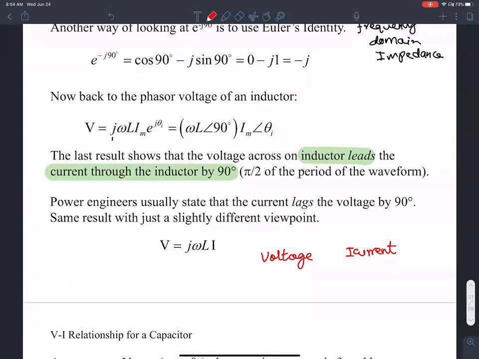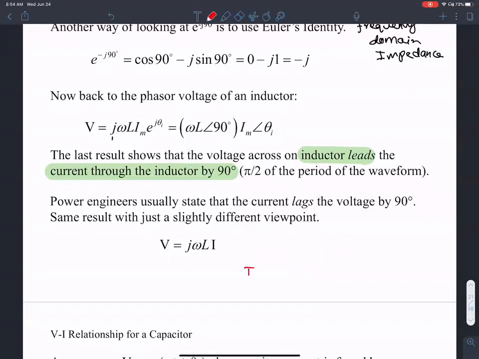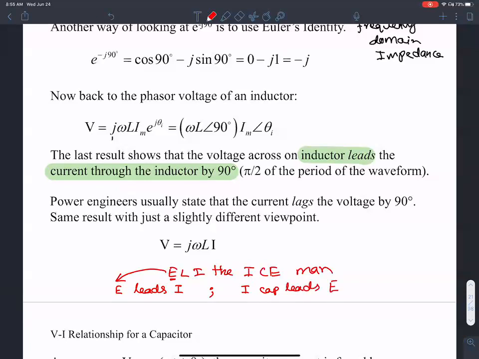ELI the ICE man is a statement that I use as a mnemonic to remember the relationship: voltage E in an inductor L leads the current by 90 degrees, whereas the current in a capacitor leads the voltage by 90 degrees.